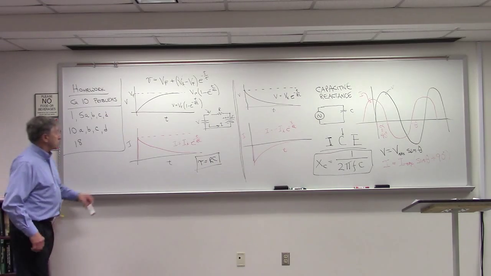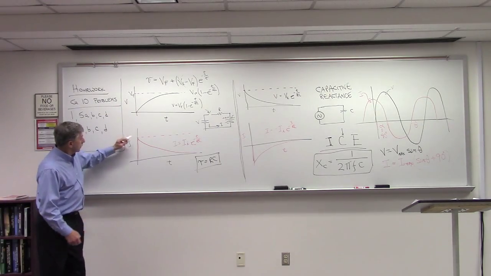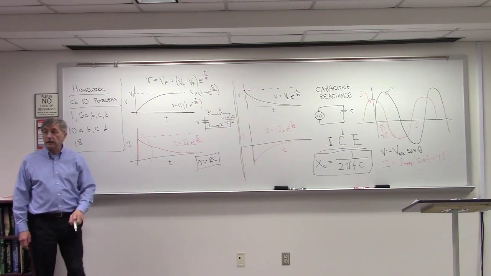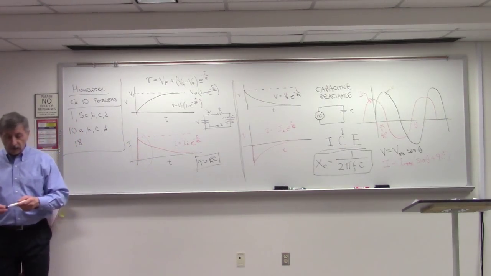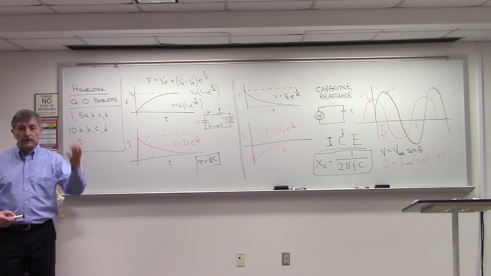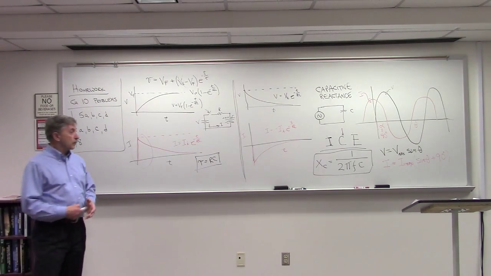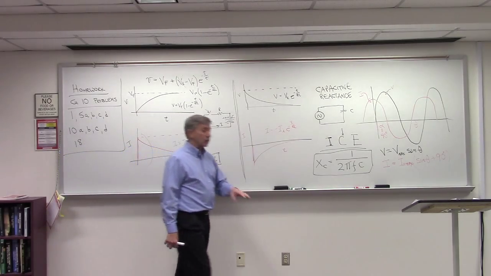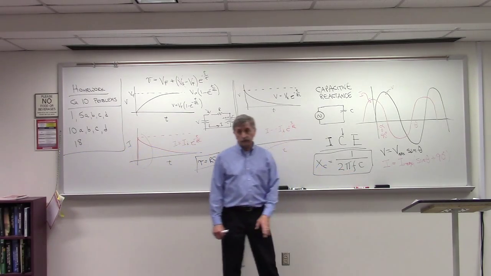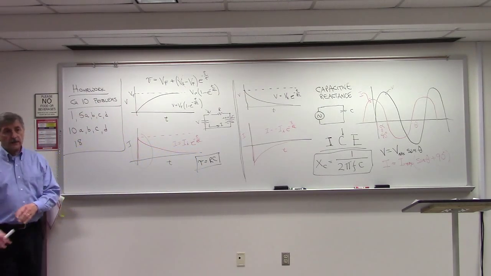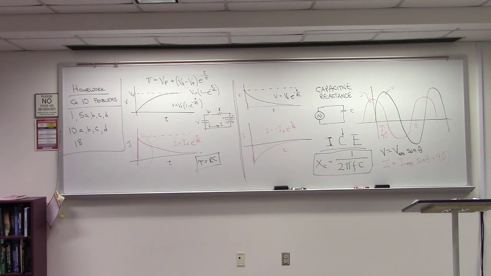And so you're limiting your response to the portion of the curve where the current is the maximum. So the higher the frequency, the more times the AC wave goes back and forth, positive and negative, the lower the capacitive reactance. The lower the frequency, the higher the capacitive reactance.